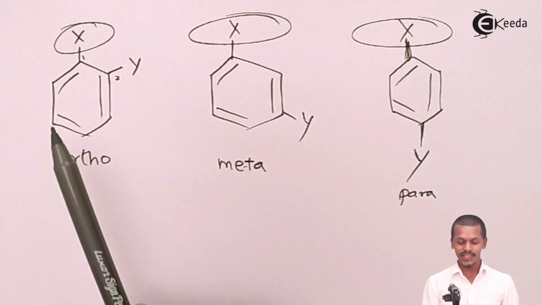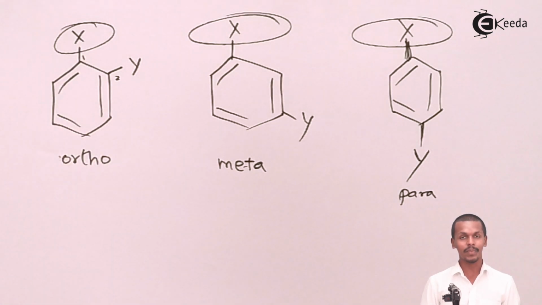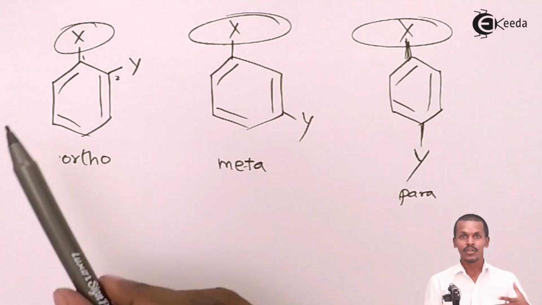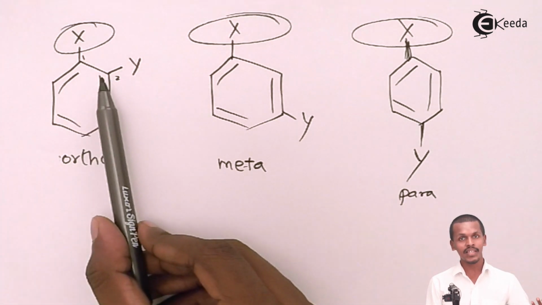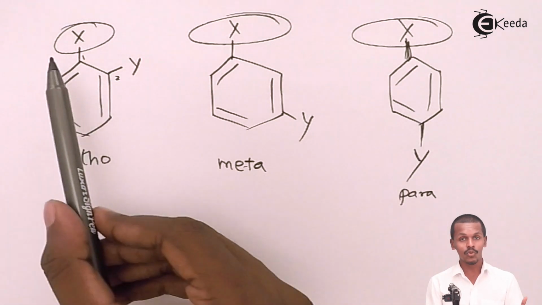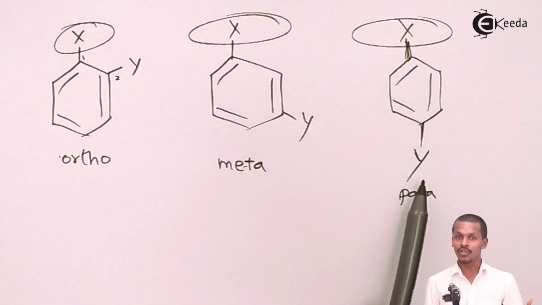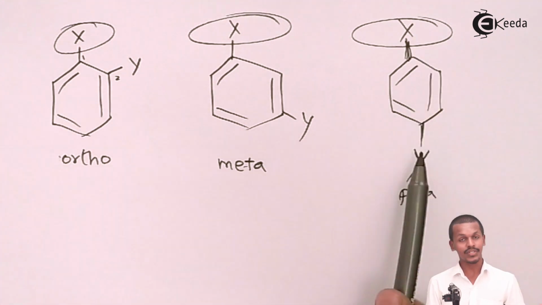This is possible because this group attached to the benzene directs the electrophile like Y to attack on the ortho position or on the para position of this carbon atom, as you can see over here.